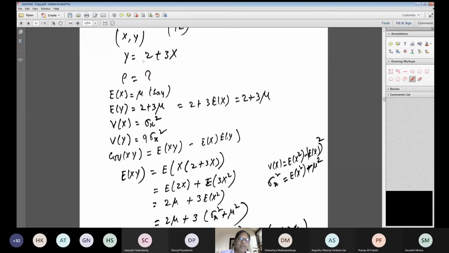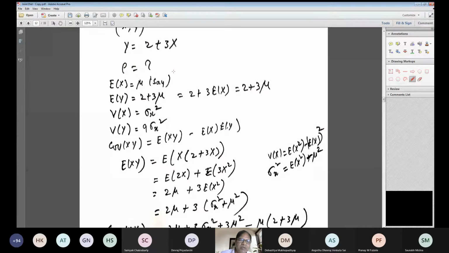So, for example, I have taken y equal to 2 plus 3x. We know the mean of x and variance of x, and in that case, how to find the correlation coefficient? Here, we are assuming the expected value of x is mu. So expected value of y you can calculate from this relationship: 2 plus 3 mu. Then variance of x equal to sigma x square is given to you.